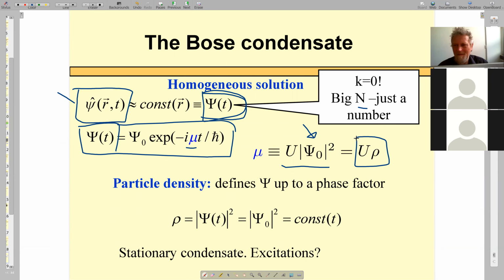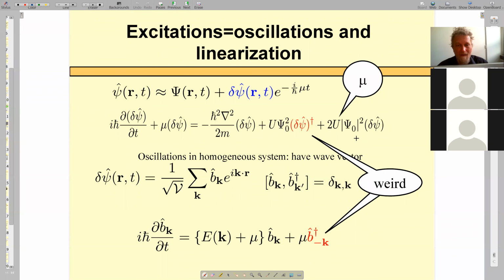Eventually, it's not very different from treating ocean waves. So how do we treat small deviations in general? Just Taylor expansion.